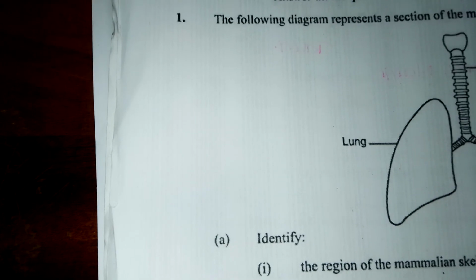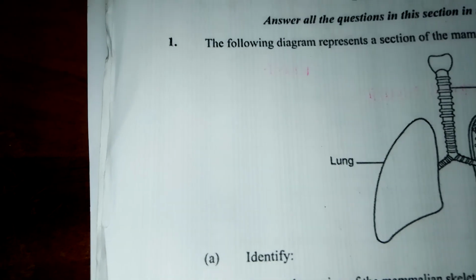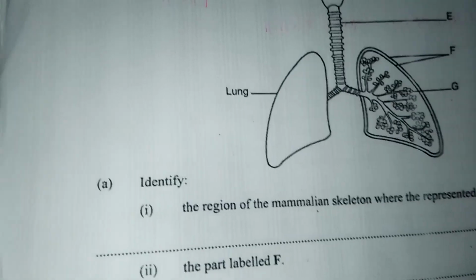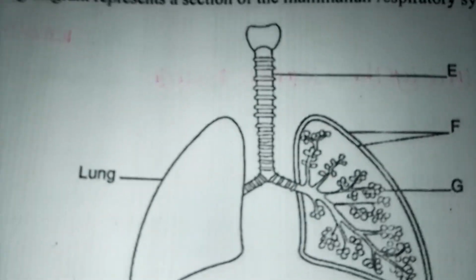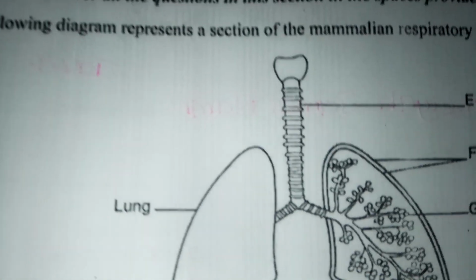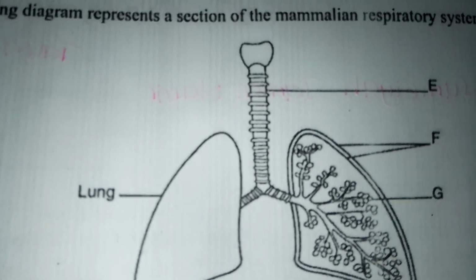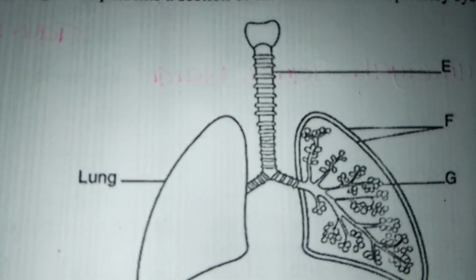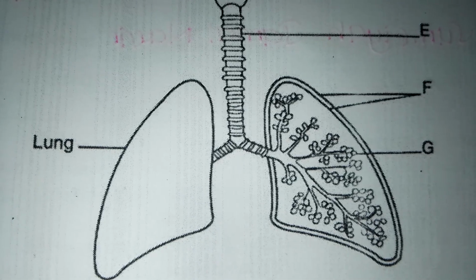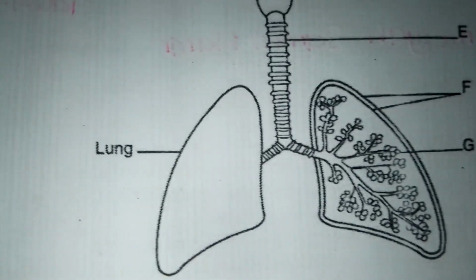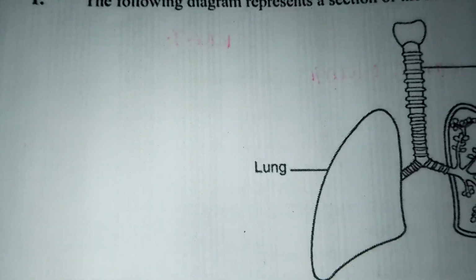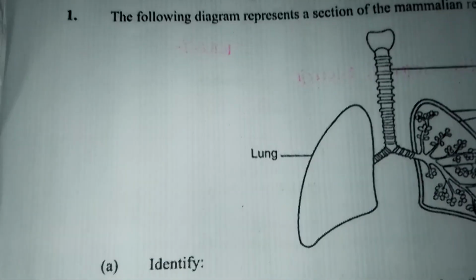The following diagram represents a section of a mammalian respiratory system, and you are asked to name those parts. For example, we have part E, part F, and part G, and then we also have the other side labeled as the lung.